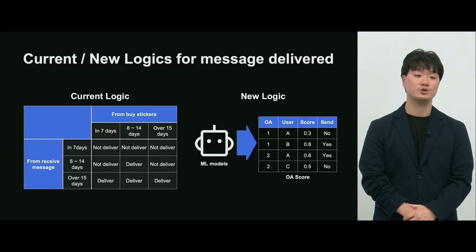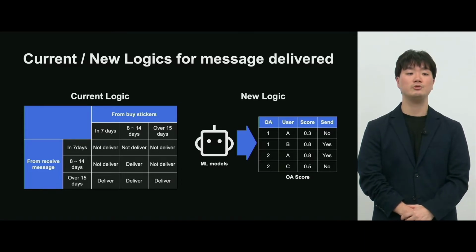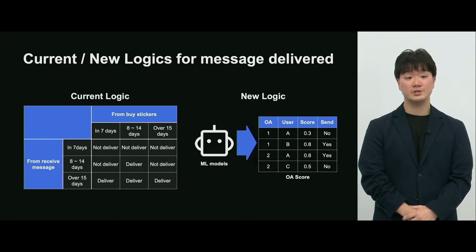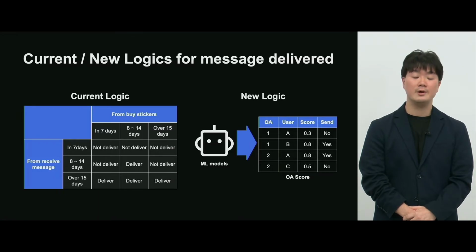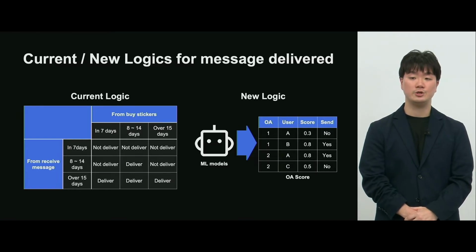Based on the date that the sticker was bought by the user and the latest receiving date of the recommendation message, we decided whether or not to send the message. Roughly speaking, looking at this table, almost everyone will receive the message once every 2 weeks.